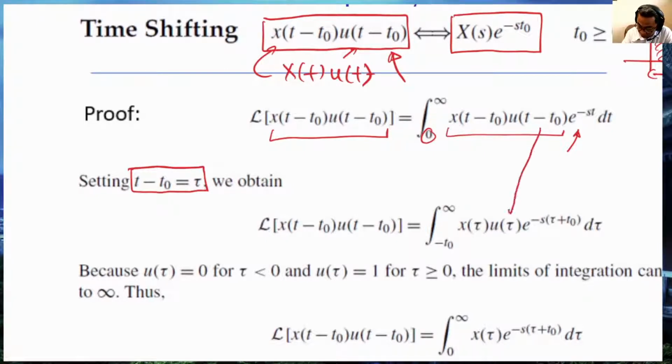So this becomes tau, this becomes tau. So this is t equals 0. Therefore, t equals tau plus t naught.